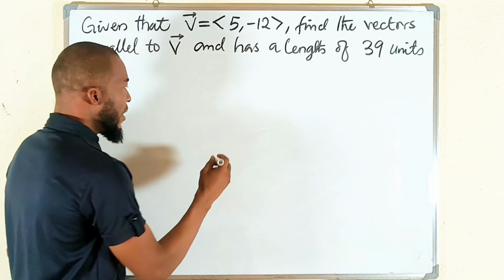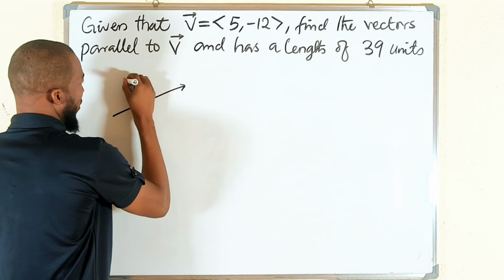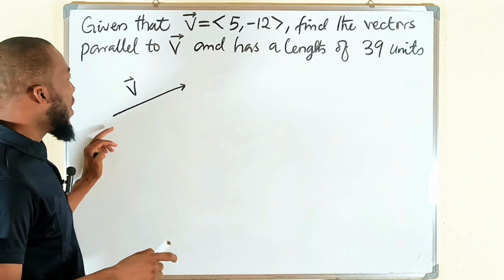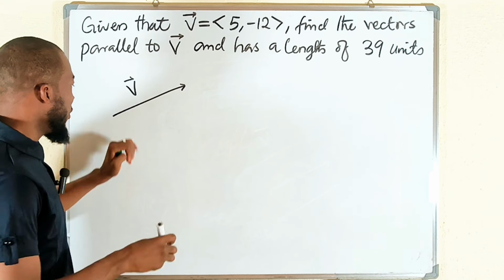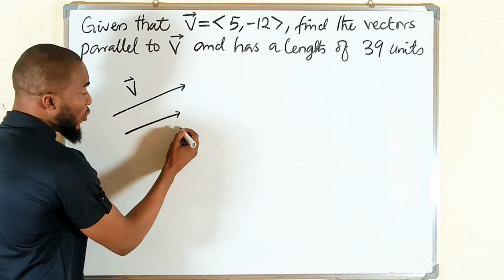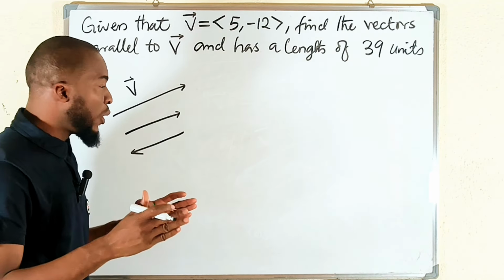Let me explain. Let's assume this is the vector v. We would like to find another vector which is parallel to this one. A vector that is parallel to this one could be this, towards the same direction or opposite direction, but they must maintain the same slope.